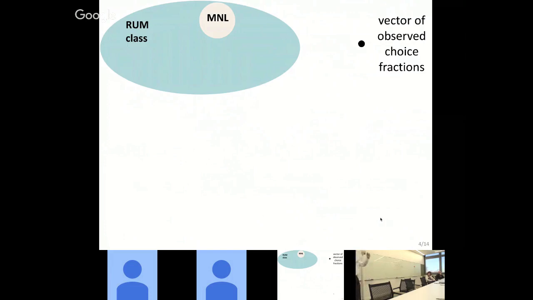This dot here is our observed choice fractions, the data set that we work with. Then I can compute the distance between the red dot and the black dot. The red dot is the best fitted model in the RUM class, best fitted under your favorite convex loss function. That distance is what we call the limit of rationality. Of course, we can also compute the distance between the black dot and the green dot, which is the best fitted MNL.